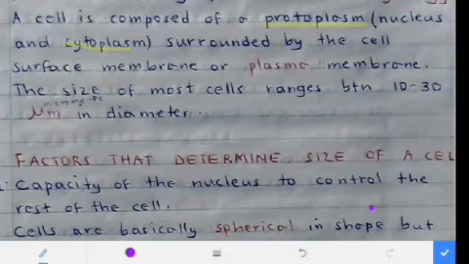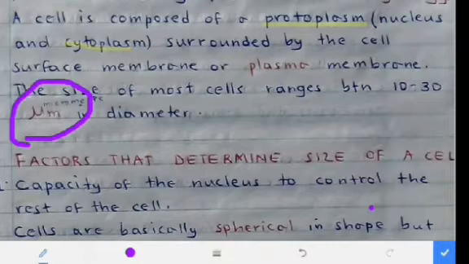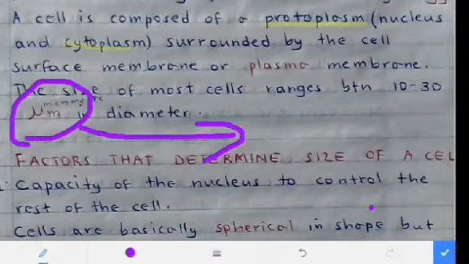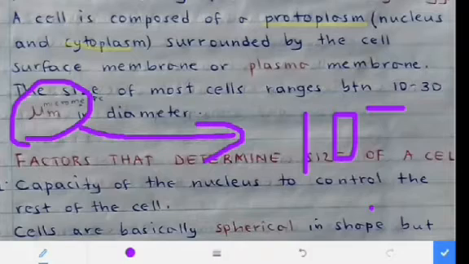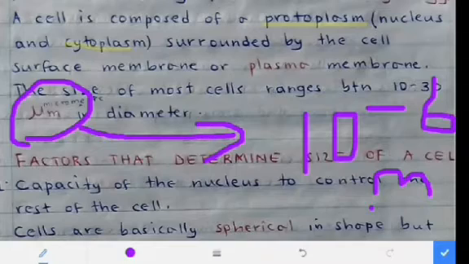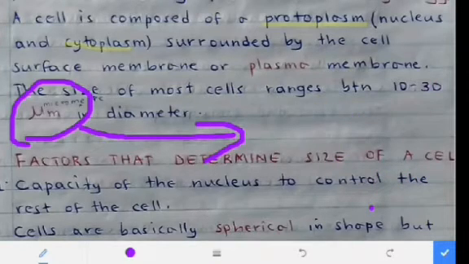A micrometer is equal to 10 power negative 6 meters, which means a very small thing. So the cell is very small. That is what they mean.